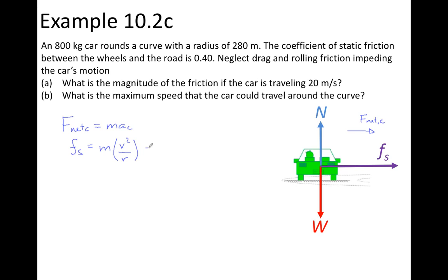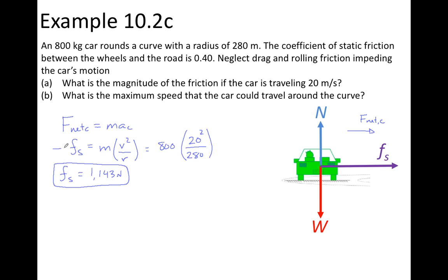And I can fill all the variables in. I know the mass is 800. I know the speed is 20. And we're given that the radius is 280 meters. When we crunch the numbers, the static friction force is 1,143 newtons.